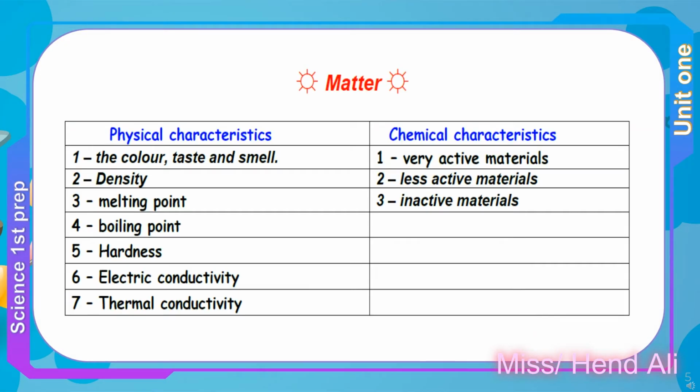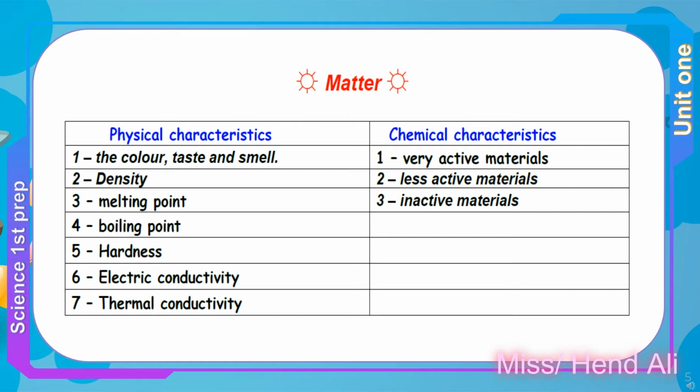Now we know the meaning of matter. How can we differentiate between matter? Okay, we can differentiate between different matter through physical properties and chemical properties. Instead of properties, we can say characteristics. So we can differentiate between different matter through physical characteristics and chemical characteristics.